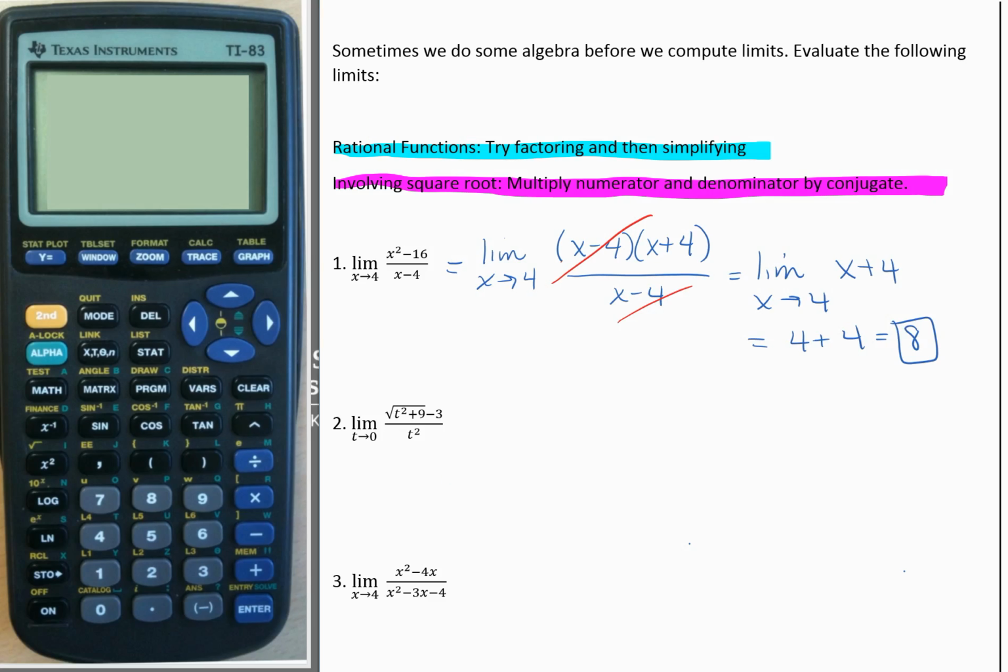Okay, now we're going to do one with the square roots. So see how this is like a rational function. We don't call it rational because it's not a polynomial, but it's like a fraction, and we have this value, the square root of t squared plus 9 minus 3 in the numerator. So we're going to multiply the numerator and the denominator by the square root of t squared plus 9 plus 3.